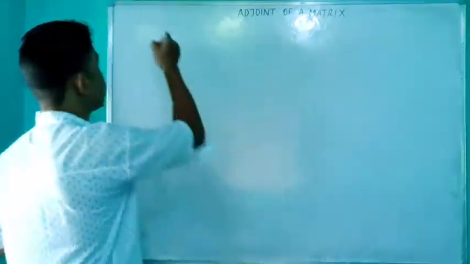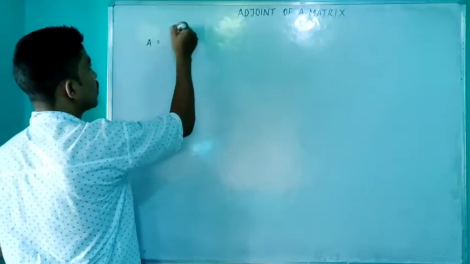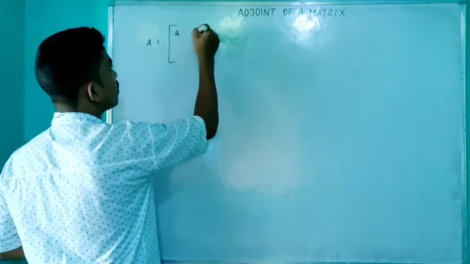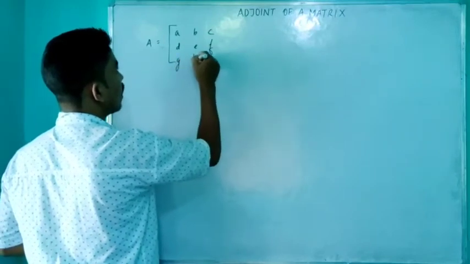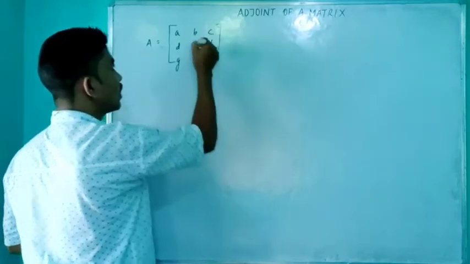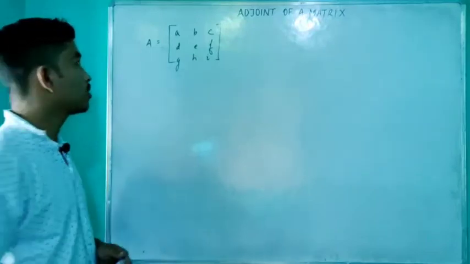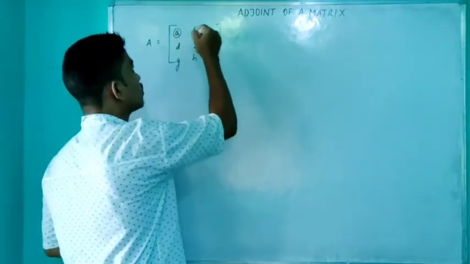So in a matrix, if I have a matrix A whose elements are A, B, C, D, E, F, G, H and I, to get the adjoint of this matrix, I will find the cofactor of each of these elements.